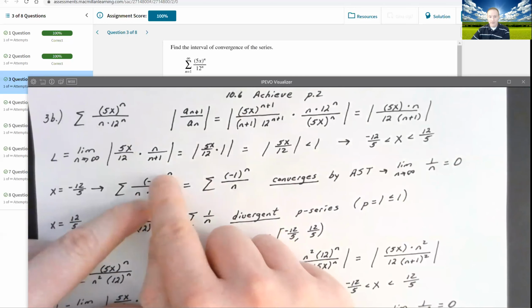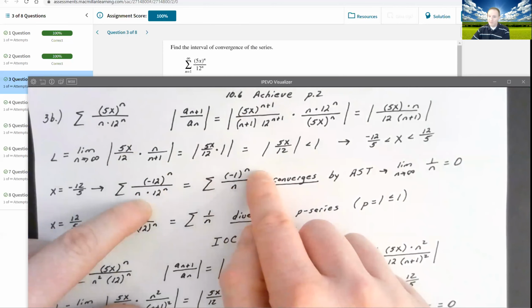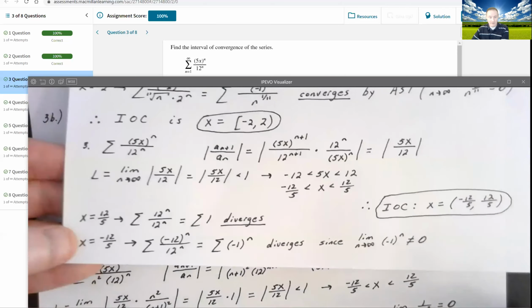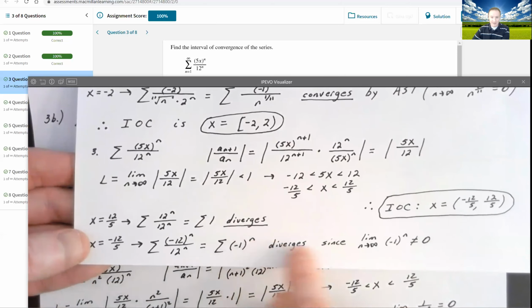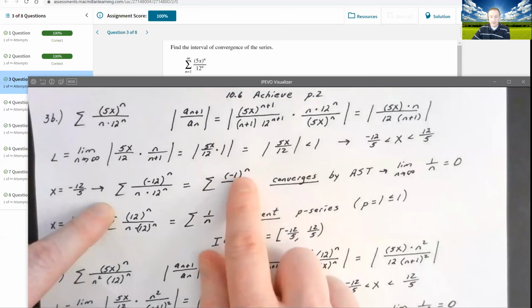Okay, now the negative 12 to the n over 12 to the n still reduced down to negative 1 to the n power. But unlike the previous problem, where I just had that negative 1 to the n, and it diverged because it never approached 0, it's not the case now.